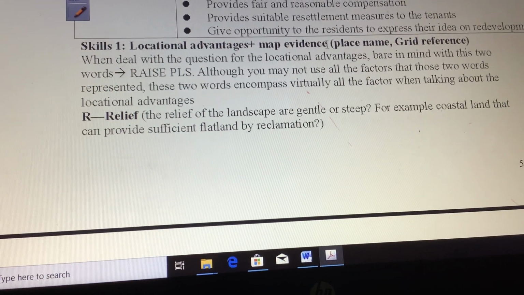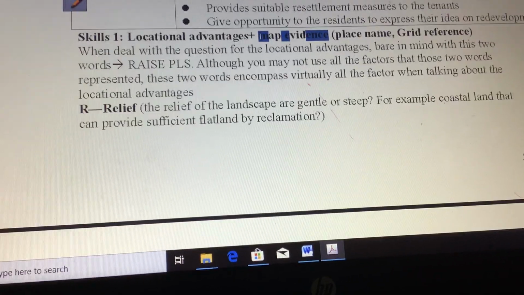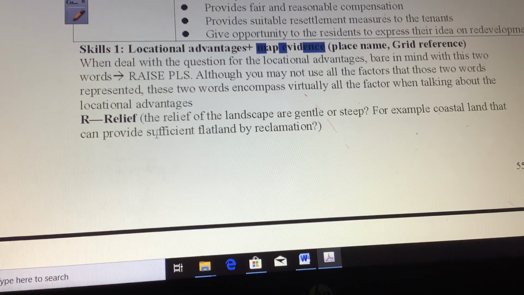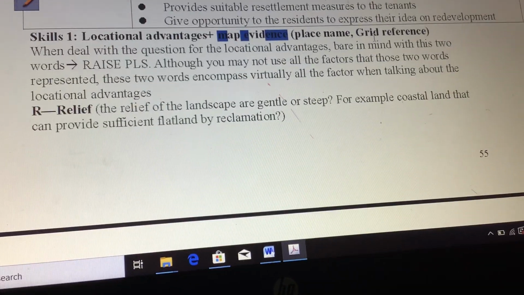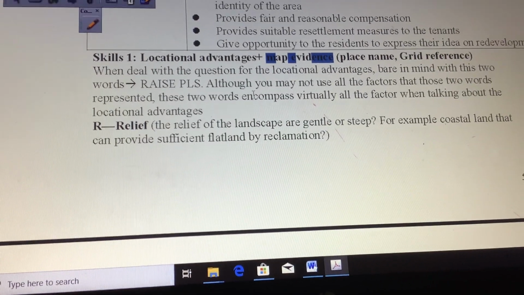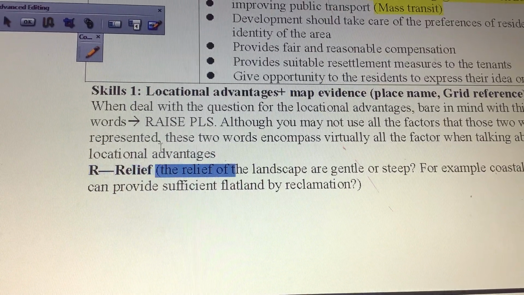But when you are talking about the location advantage, you have to tell me the map evidence as well. It's a must. Give me the place name, give me the grid reference. Once it is talking about the location advantage, bear in mind.